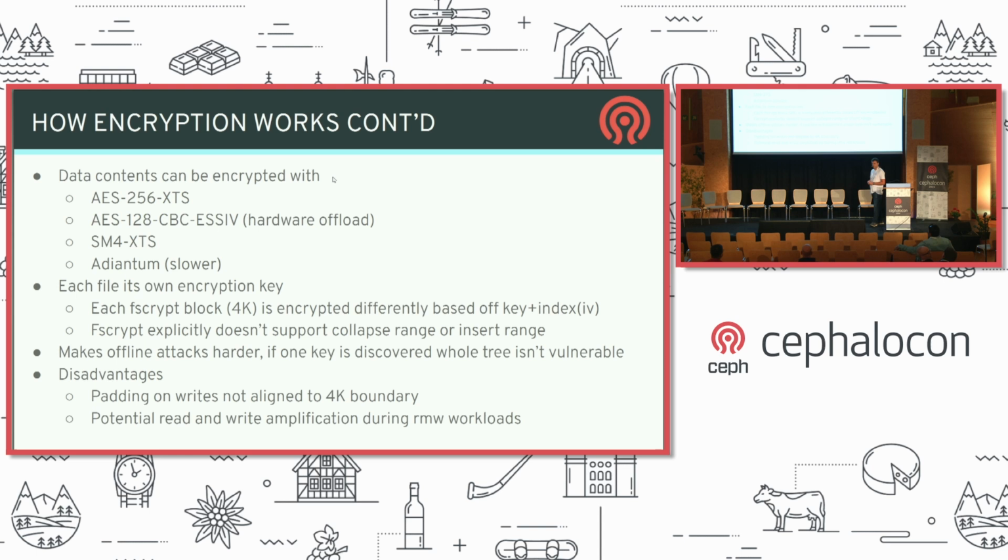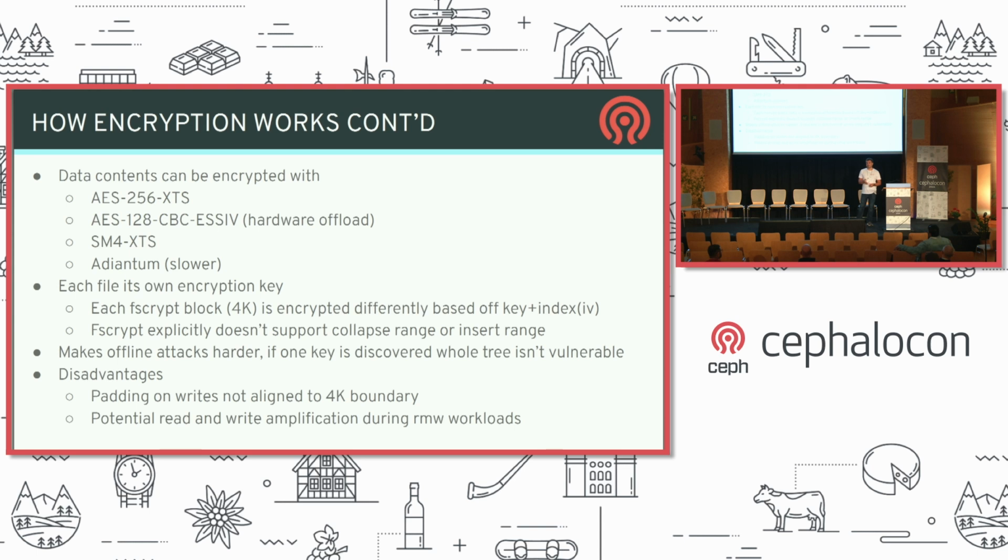Data contents also have a wide variety of ciphers. As on the previous slide, 256 is recommended unless you have some other requirement. Each file has its own key that's derived from the master key mentioned in the previous step.